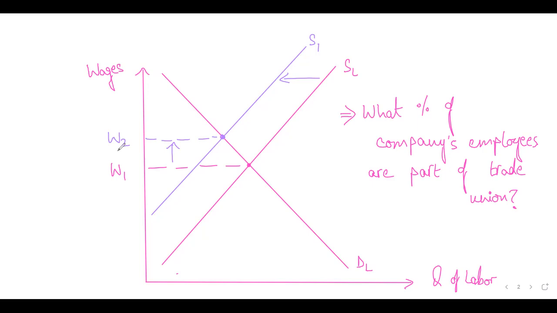So let's first talk about the wage elasticity of labor demand. Now, wage elasticity of labor demand is what? How much will be the change? So it's a formula, just like the other measures of elasticity that you would remember from your AS. It calculates how much will be the change in demand of labor due to change in wages.